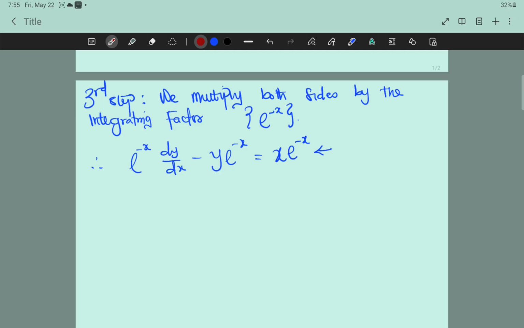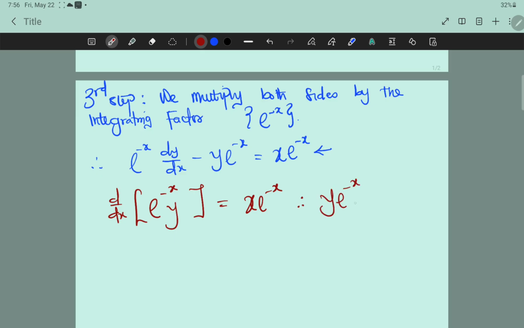So we can then say that d over dx of e to the power of minus x y is equal to x e to the power of minus x, which means that y e to the power of minus x is equal to the integral of x e to the power of minus x dx.